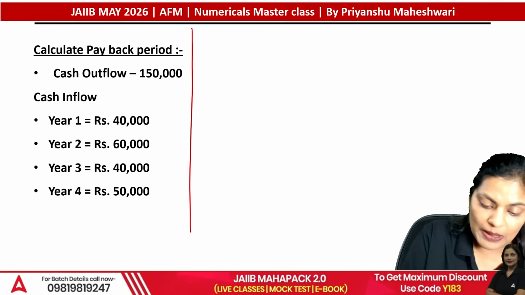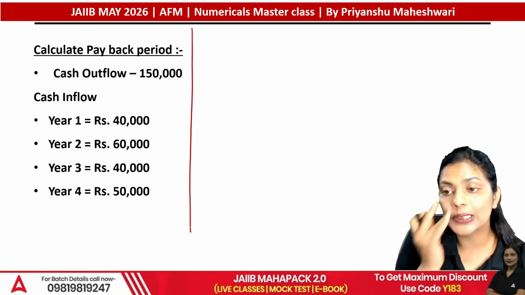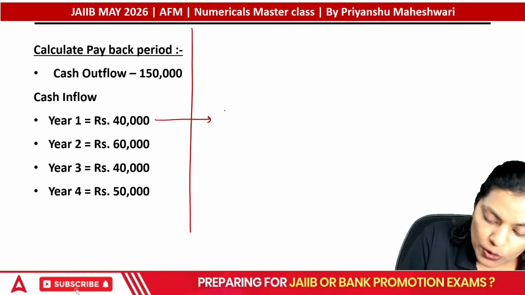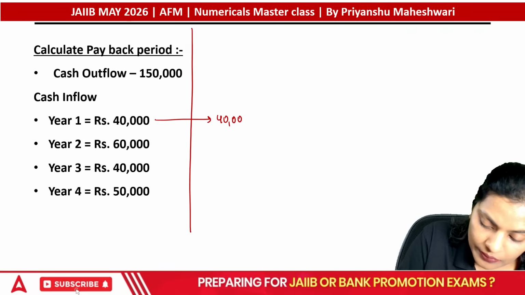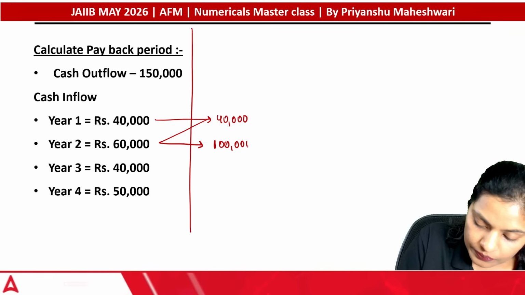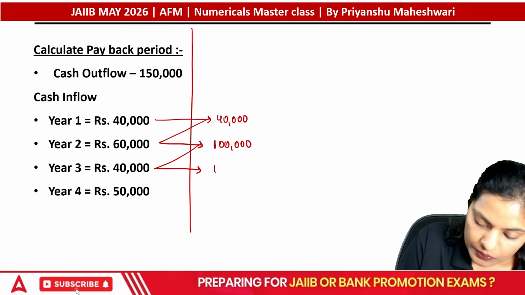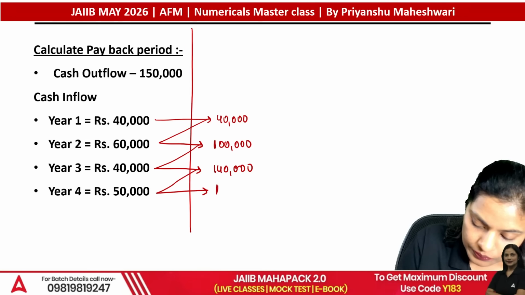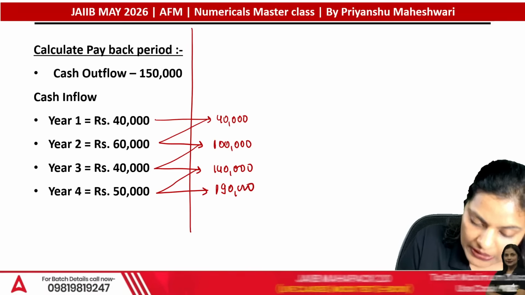Now, calculate payback period in the case where the cash flow is not the same every year. It is changing. So, first I'll do the cumulative cash flow: 40,000, 1 lakh, 1,40,000, 1,90,000.